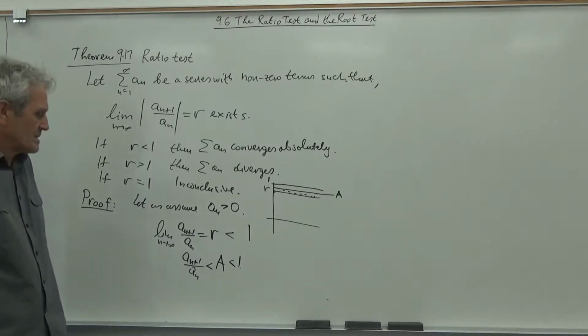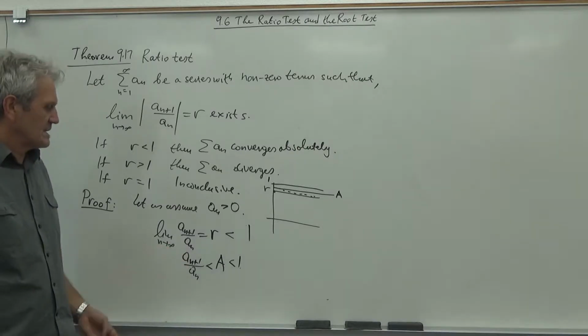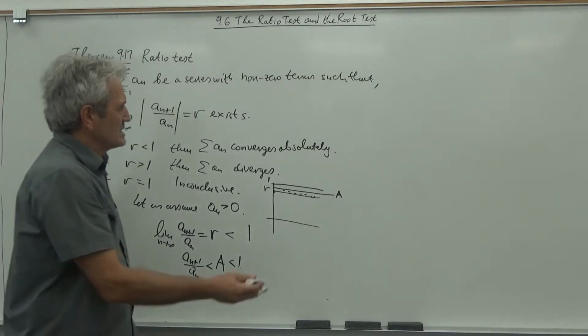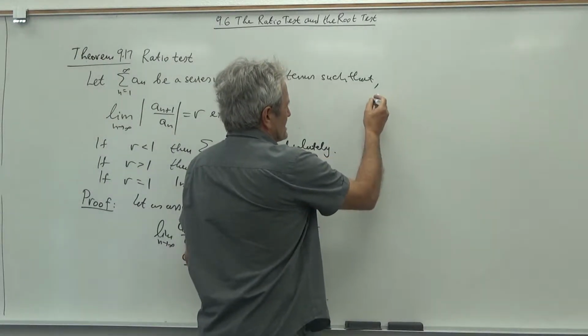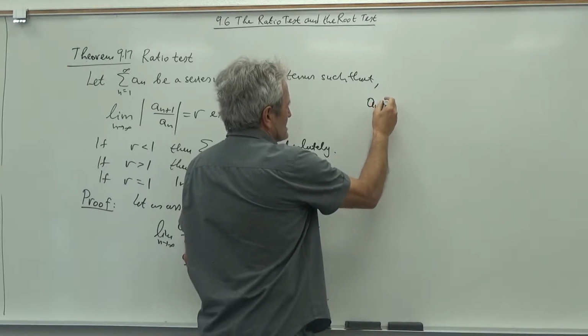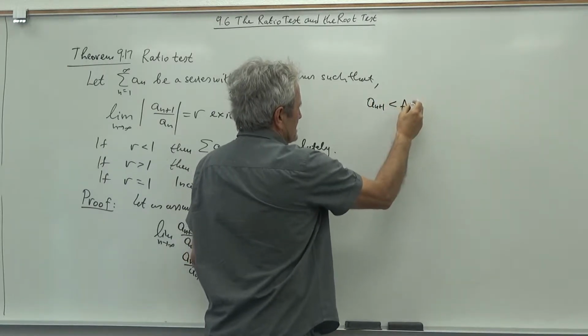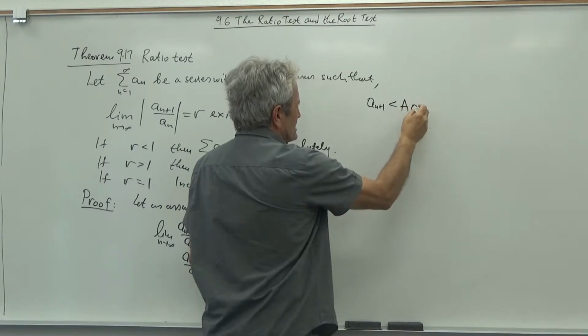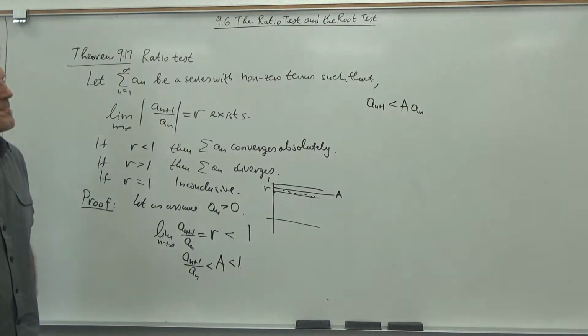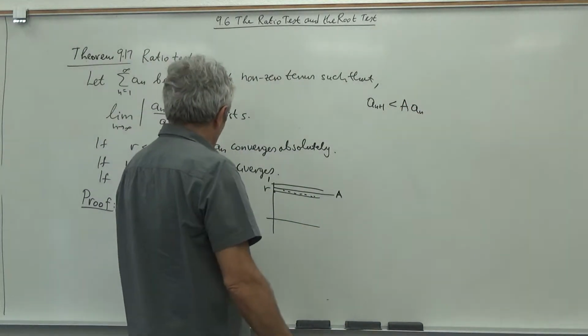And then, if your ratio is less than a, we get that a_{n+1} is less than a times a_n.